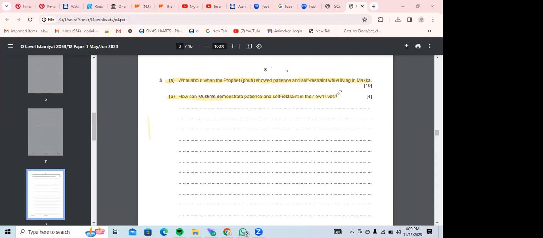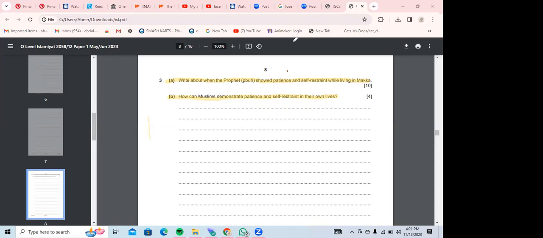In this question, you have to give examples of how the Prophet was patient and self-restrained. For example, the time of the boycott of the Banu Hashim tribe and how they survived it, or the time when the Makkans bullied the Prophet, and how he talked to Allah.